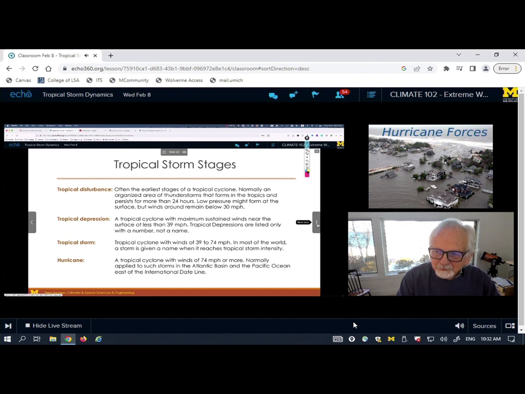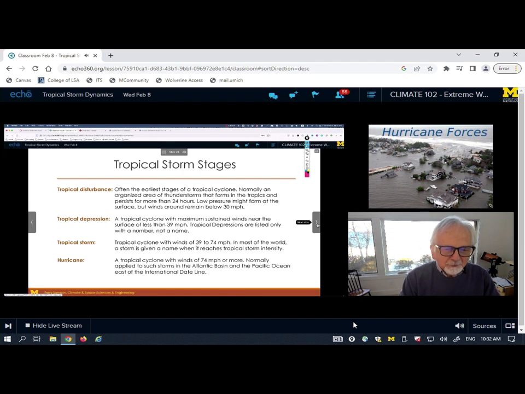So let's introduce the stages of hurricane formation. The first stage is tropical disturbance. Basically, this is a stage where you're getting convergence, and the clouds are beginning to form together. There's enough thunderstorms working together, they're beginning to organize.